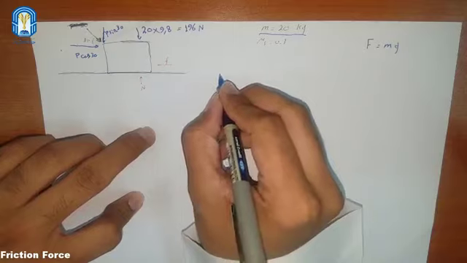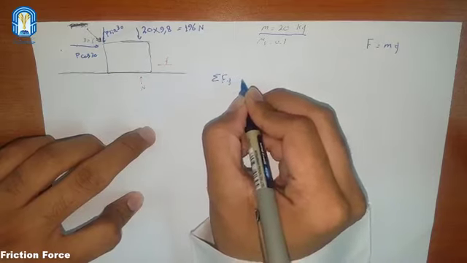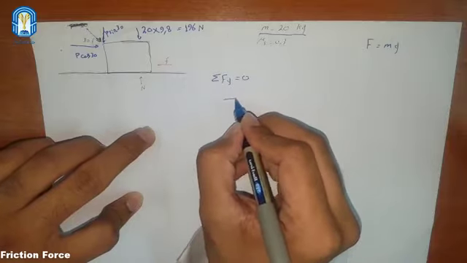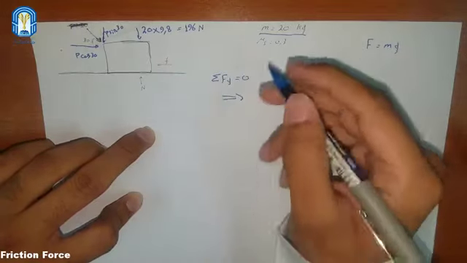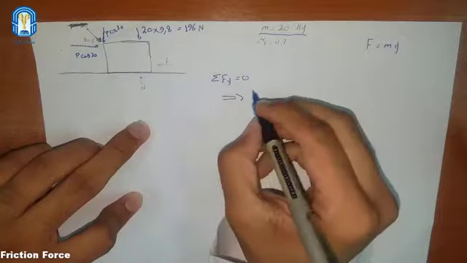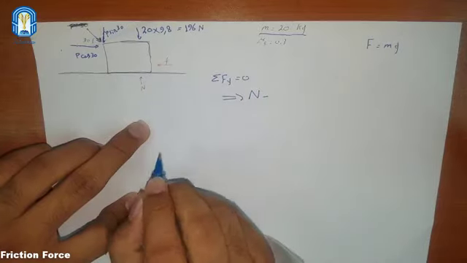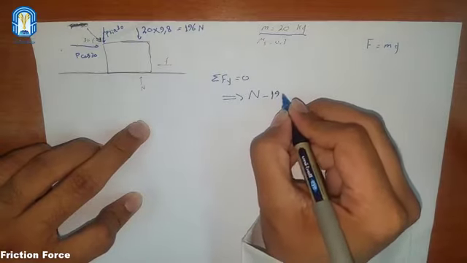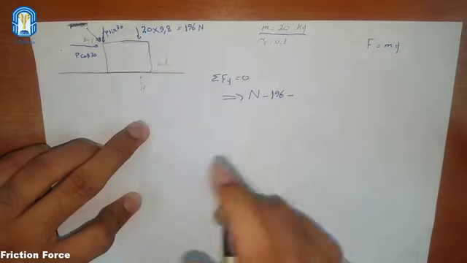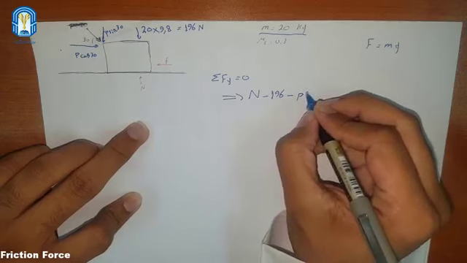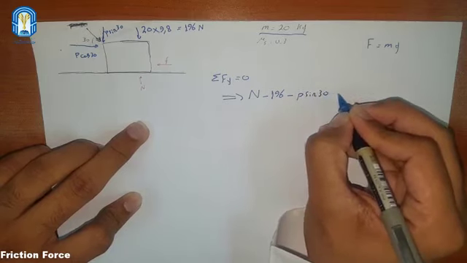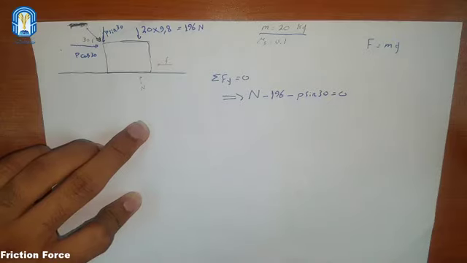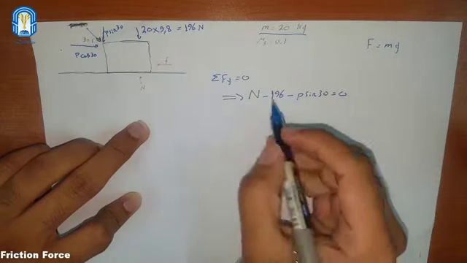We have to say summation of Fy equals 0, which is N, up is positive, N minus 196 minus P sine 30 equals 0.